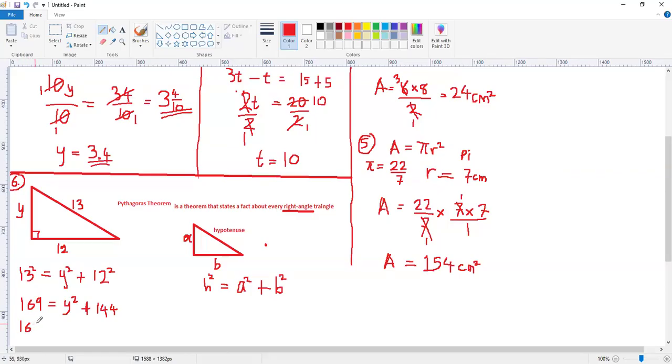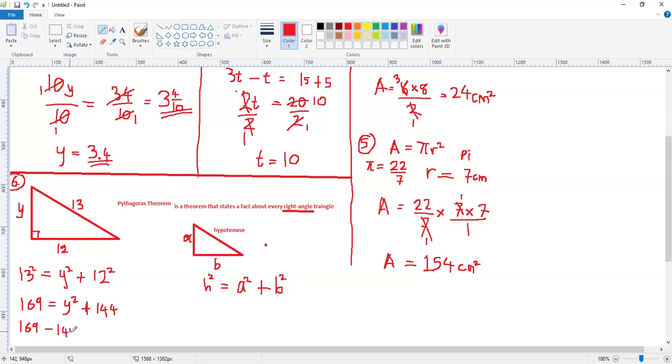169. What next? Let's collect the like terms. So 169 plus, wait, no, is it minus? Yes, it's minus, because it's the opposite of plus.